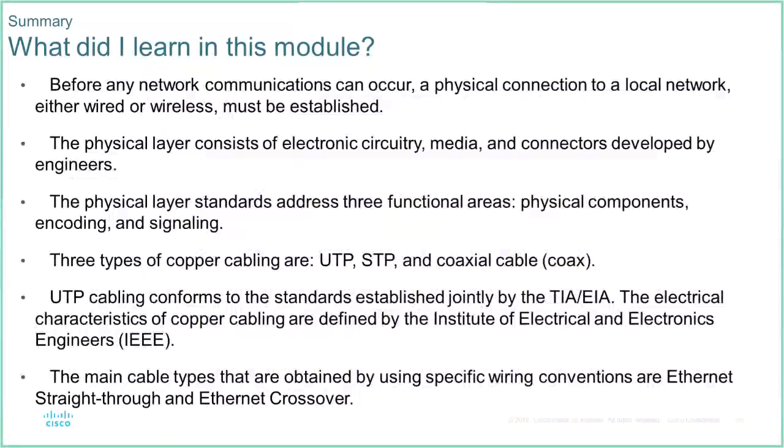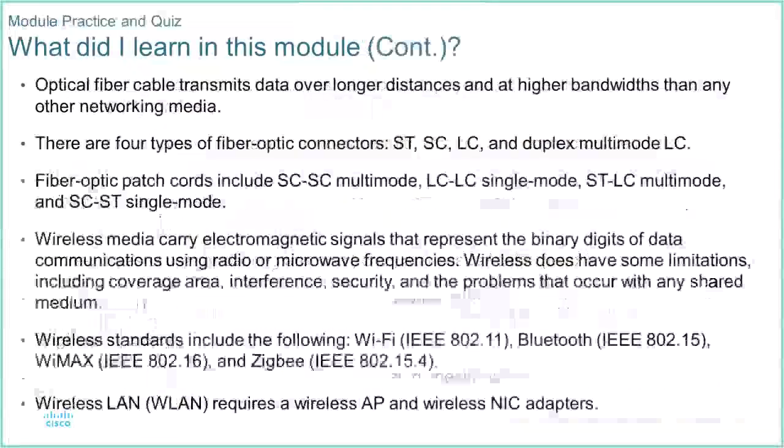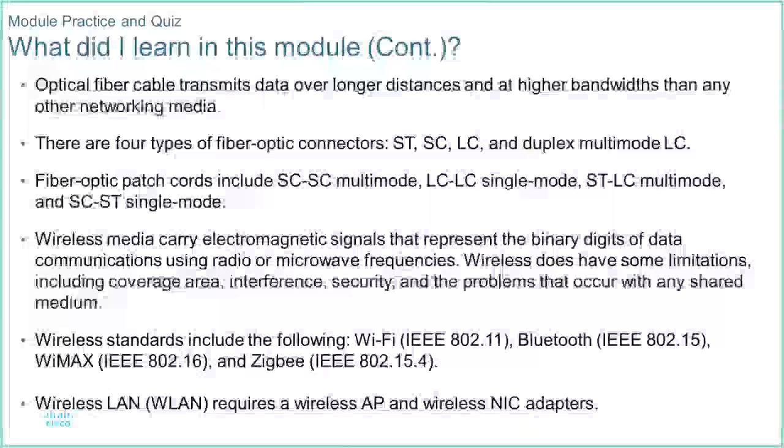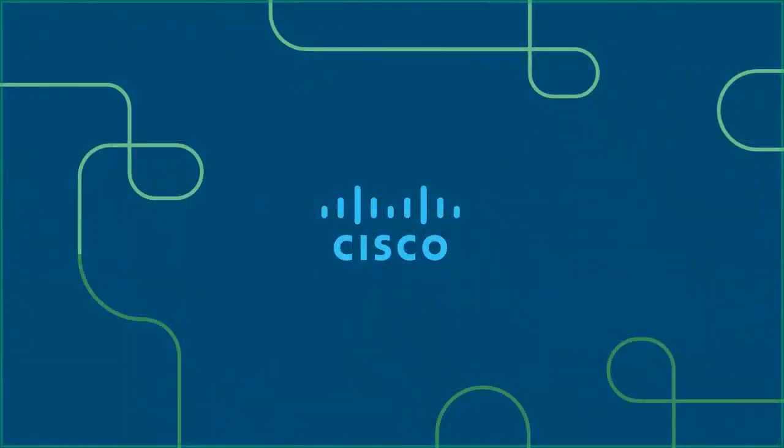We had a look at the wiring conventions for straight-through and crossover cables. We had a look at the main fiber optic connectors. We talked about the two standards of fiber optic cables. We then had a very brief overview of wireless standards. And that concludes chapter 4.